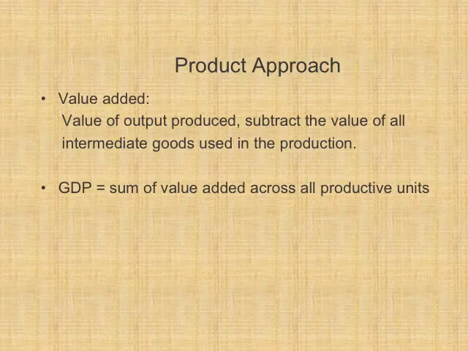It involves taking the market value of all goods and services produced by an industry and deducting the cost of goods and services used by the industry in the productive process, or what is referred to as intermediate consumption. This approach uses a concept called value added to calculate GDP.